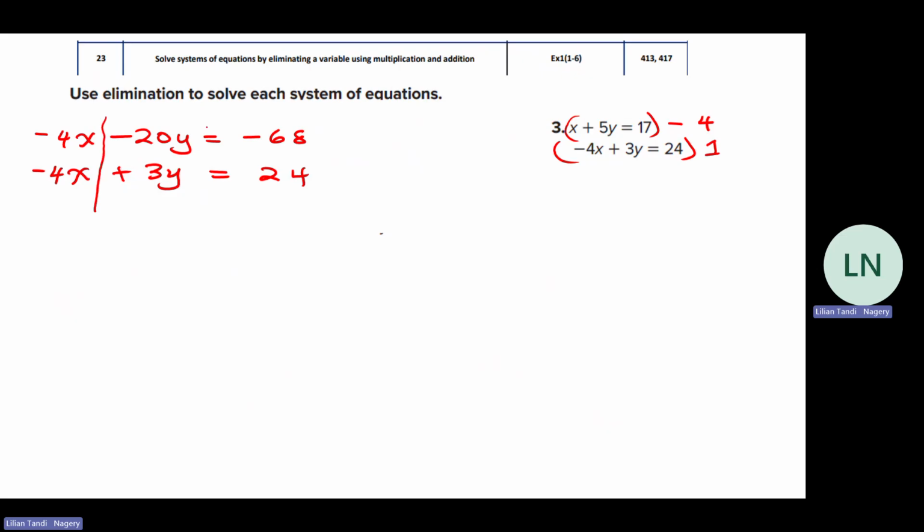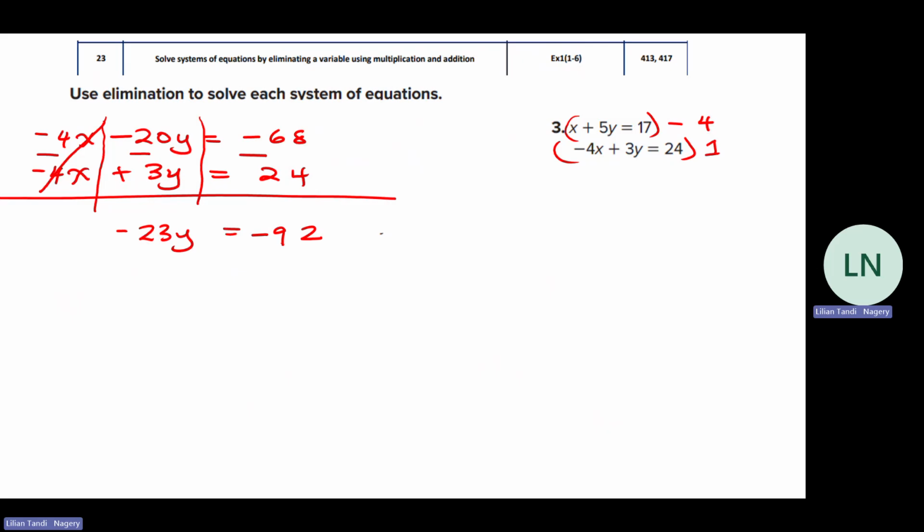You're going to make your houses. And then you're going to decide whether you're adding or subtracting. Because these signs are the same, you will subtract. So this is 0. This becomes negative 23y. And this becomes negative 92.